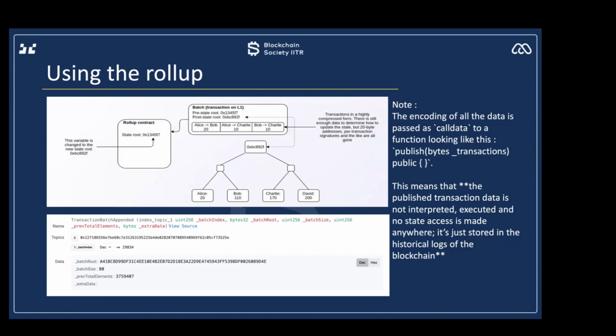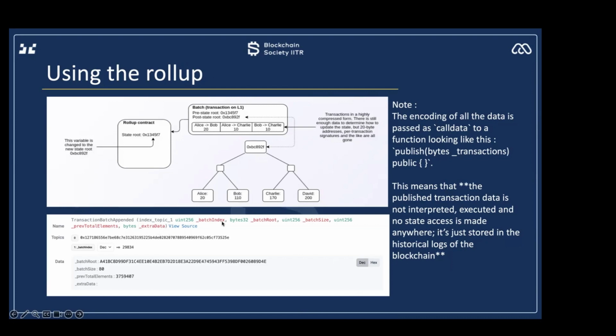So these are the cost-effective things that happen. And I have provided an example of a log: a transaction batch appended event, with batch index, batch root, batch size, previous total elements, and extra data.